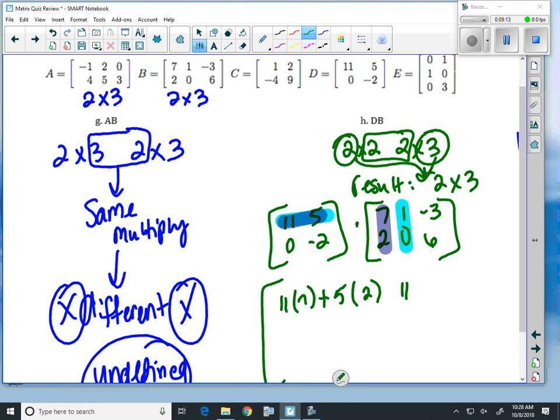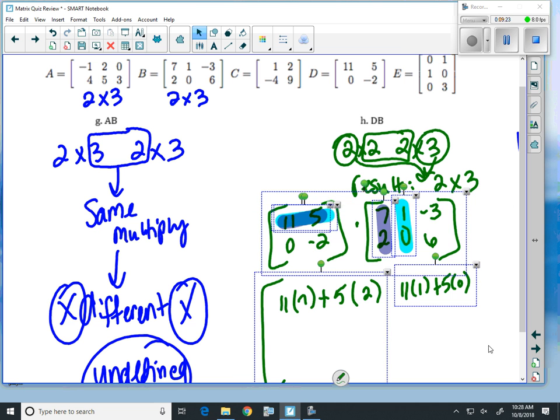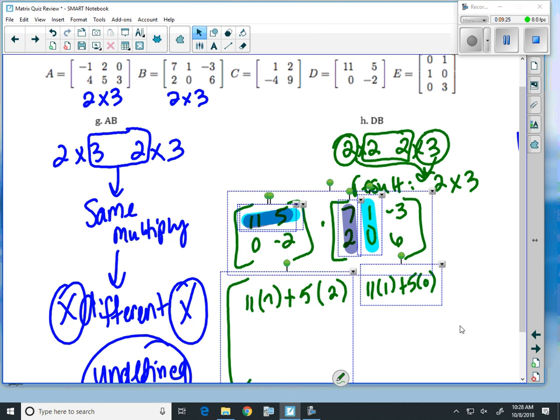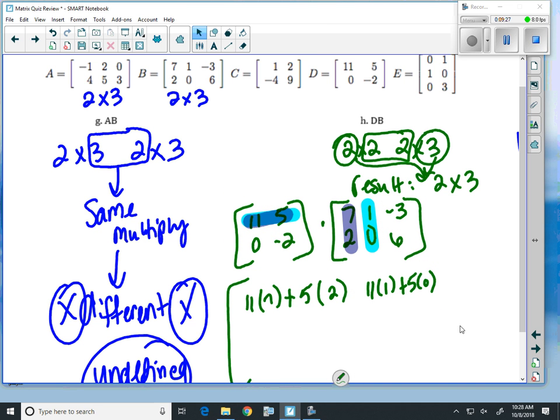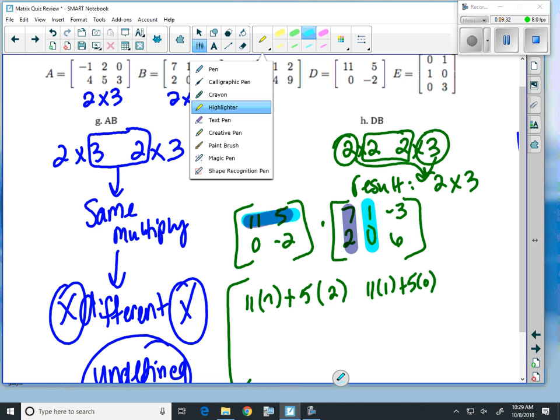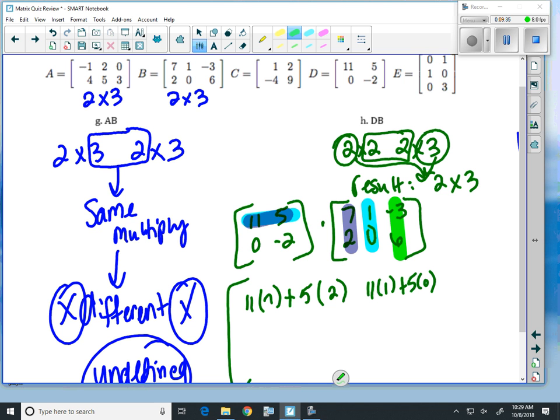So it'll be 11 times 1 plus 5 times 0. And then we're going to do the third column. So I'm going to go third column here with this guy here. So I have 11 times negative 3 plus 5 times 6. And that's my first row.